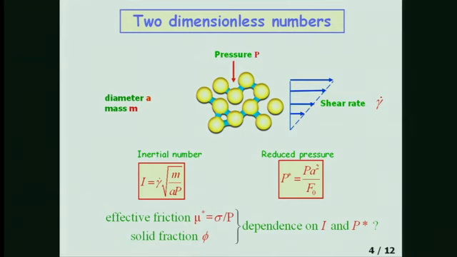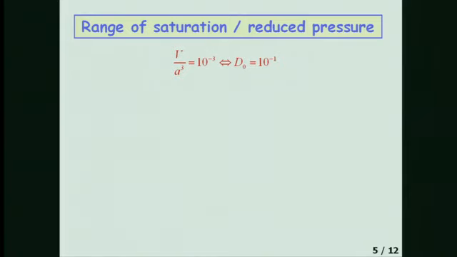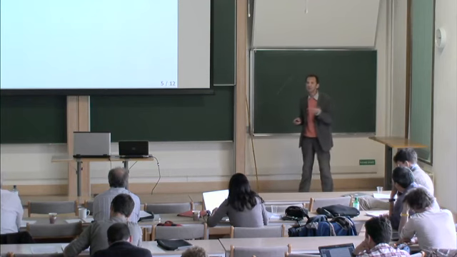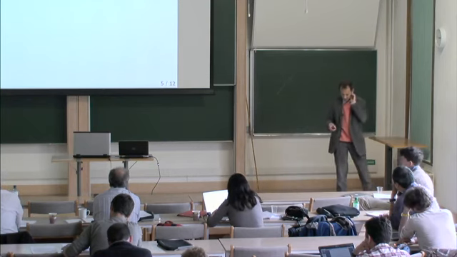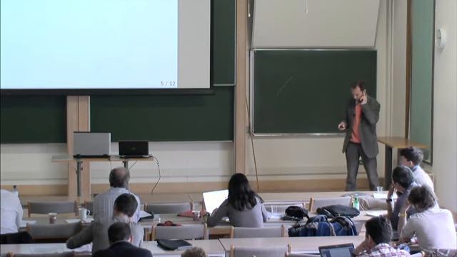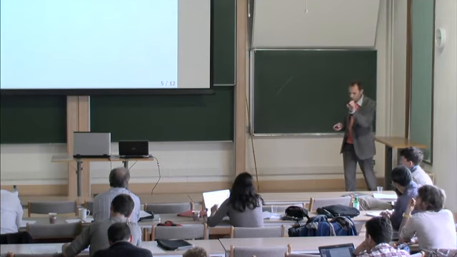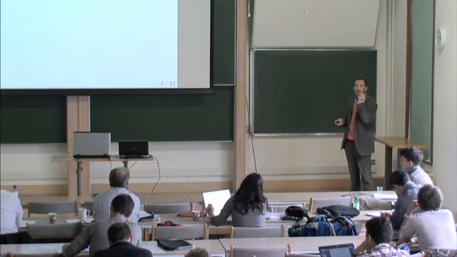Just before showing the results, I tell you what is the range of saturation and reduced pressure which we are considering. We have chosen a volume of liquid bridges which is 10⁻³ of the volume of the grain, which means that the rupture distance is 1/10 of the diameter of the grains.